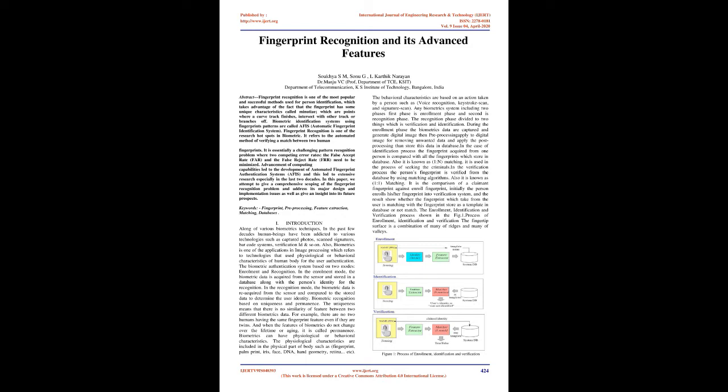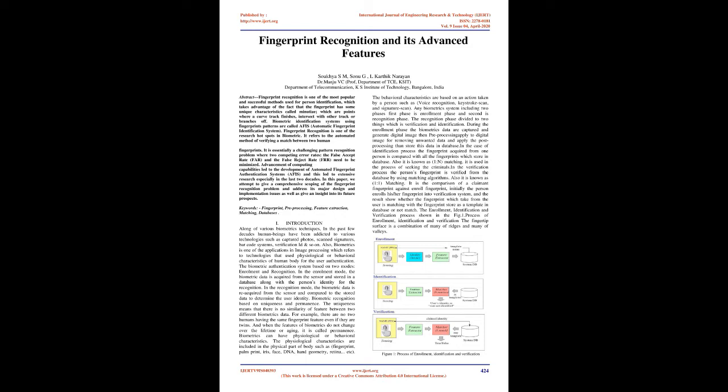The biometric authentication system is based on 2 modes, enrollment and recognition. In the enrollment mode, the biometric data is acquired from the sensor and stored in a database along with the person's identity for the recognition. In the recognition mode, the biometric data is reacquired from the sensor and compared to the stored data to determine the user identity.